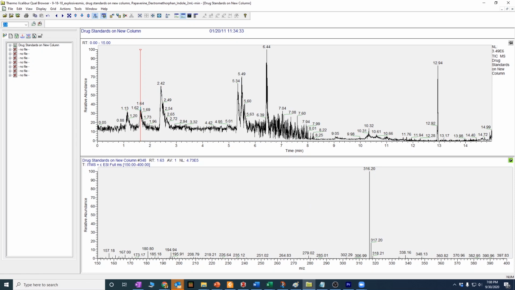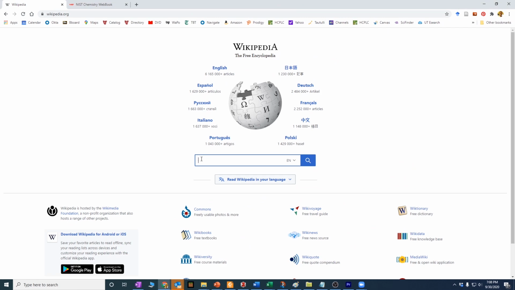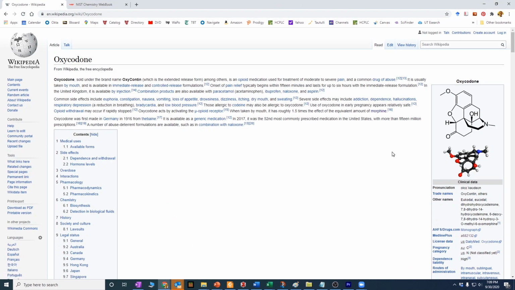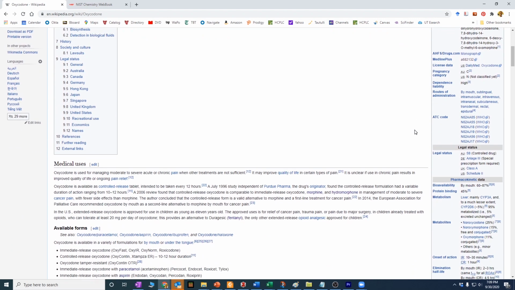If I look at my list of suspected compounds, the only thing that has a molar mass of 315 is oxycodone. So this is very, very likely oxycodone. All right, so if we look up oxycodone, and Wikipedia has good information for these things, there's a structure.